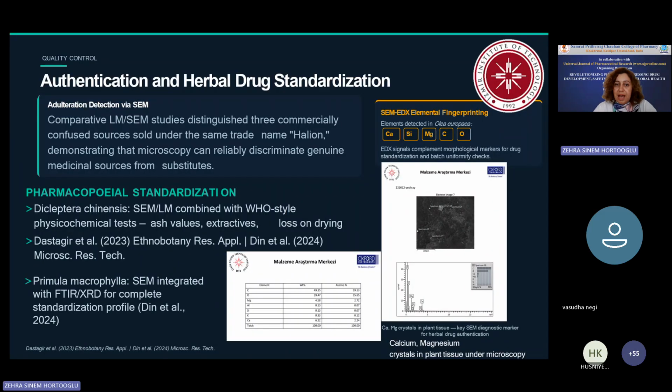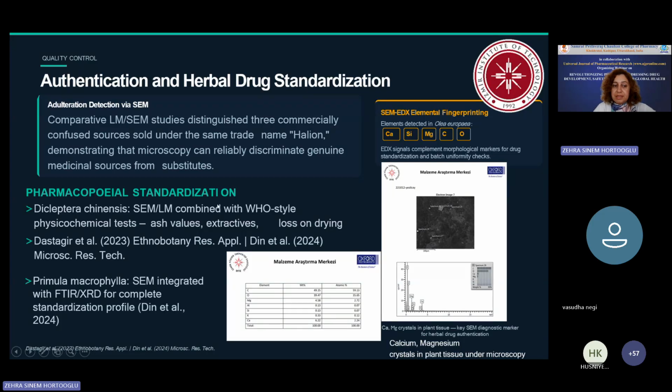Adulteration and herbal drug standardization: comparative light microscope and SEM studies distinguished three commercial confused sources sold under the same trade name, demonstrating that microscopy can reliably discriminate genuine medicinal sources from substitutes.